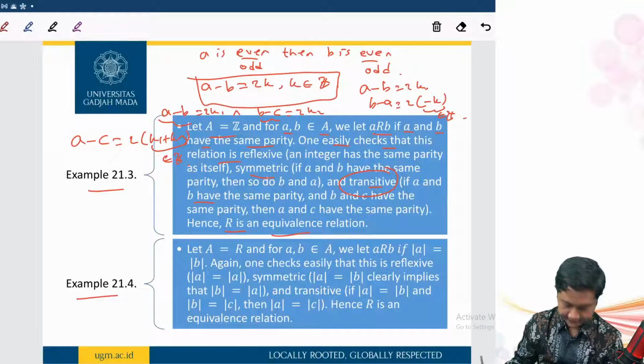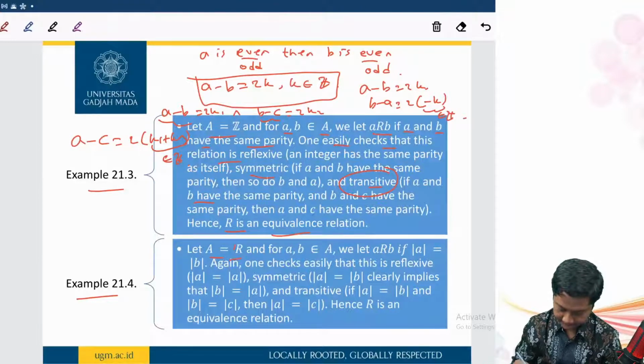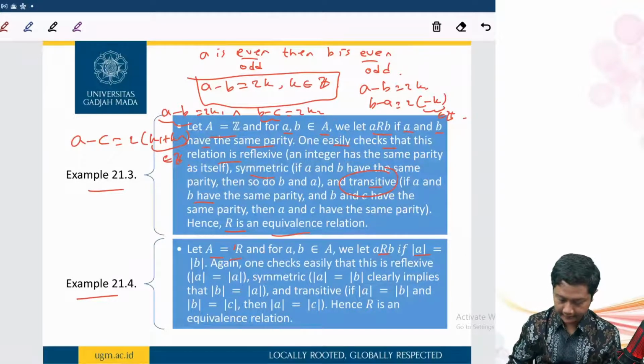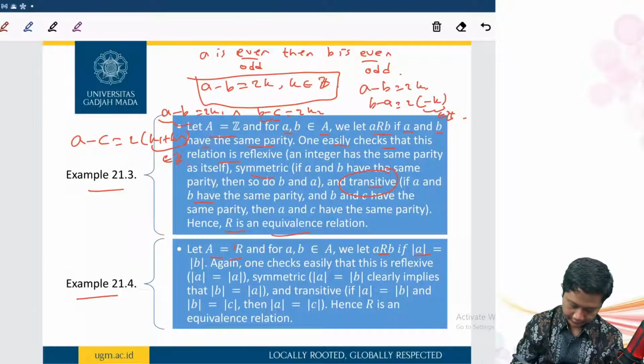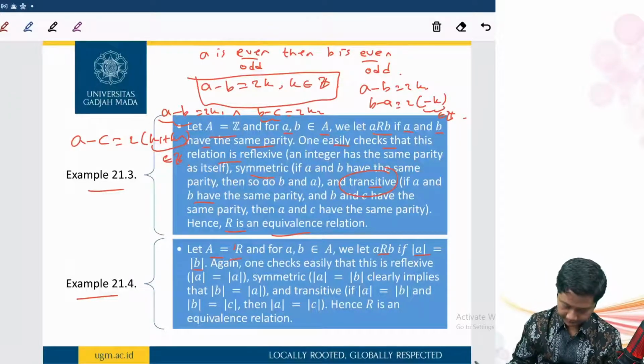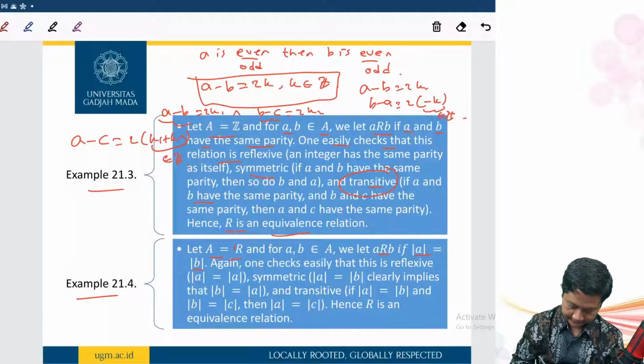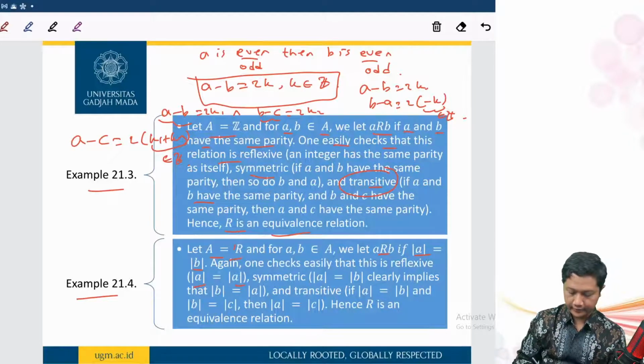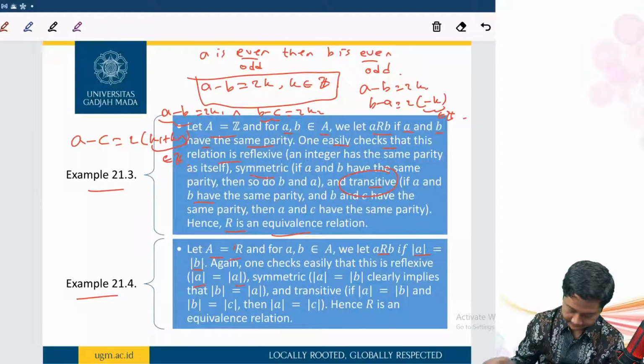Another example, 21.4: A is the set of real numbers again, and a is related to b if the absolute value of a is equal to the absolute value of b. Again we can check. It's clear for reflexivity: the absolute value of a is equal to the absolute value of a.